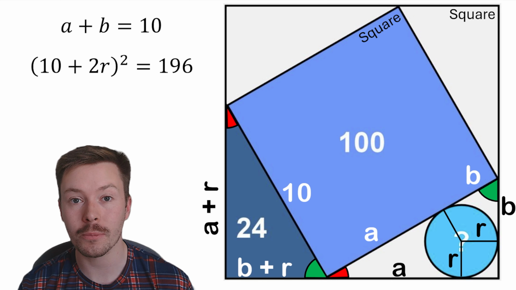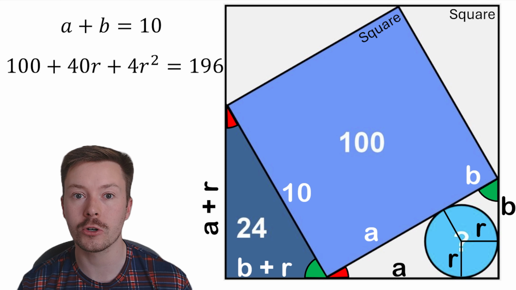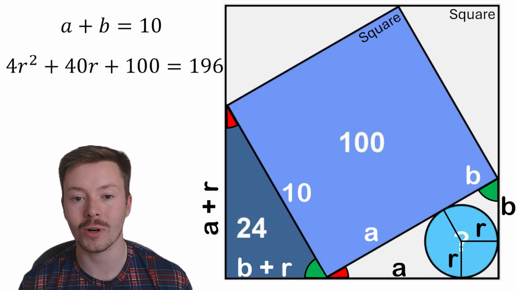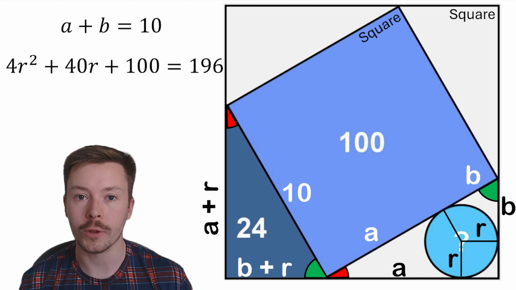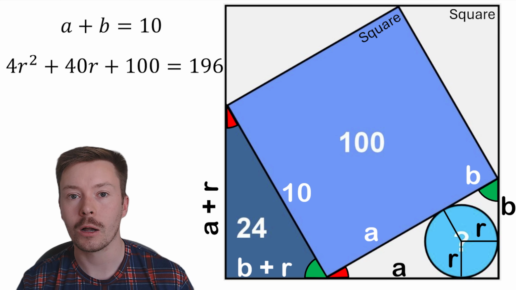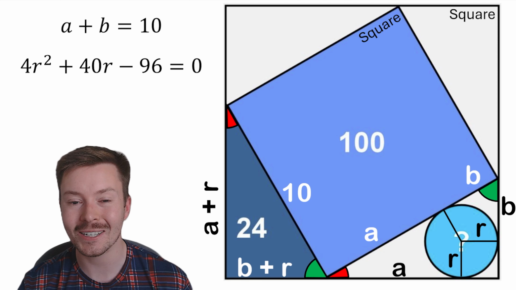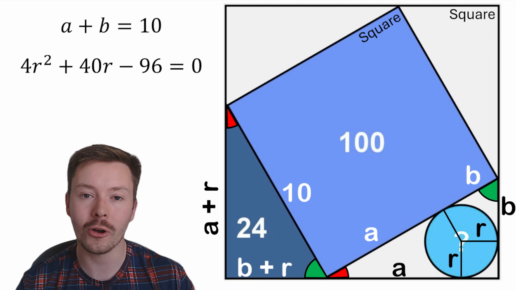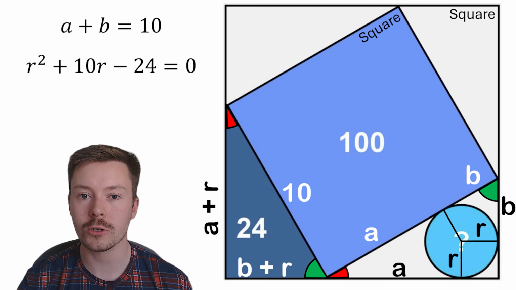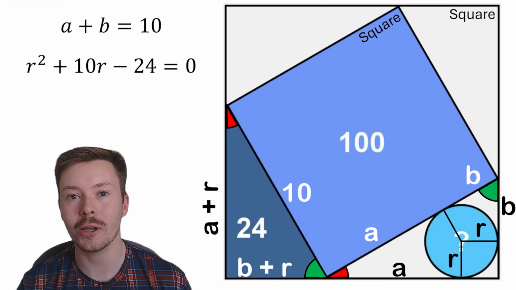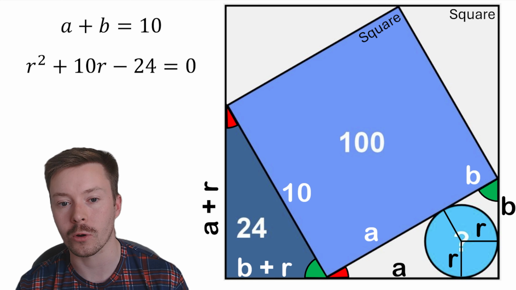I'm then going to expand the brackets there, and I'm going to get 100 plus 40r plus 4r squared equals 196. I'm going to rearrange the quadratic so it's in the normal format with your squared term first. I'm going to subtract the 196, and then I'm going to divide everything by 4. So that's going to give us r squared plus 10r minus 24 is equal to 0.